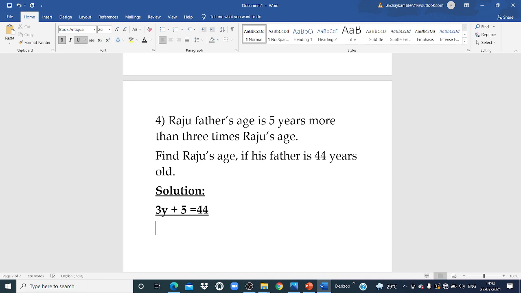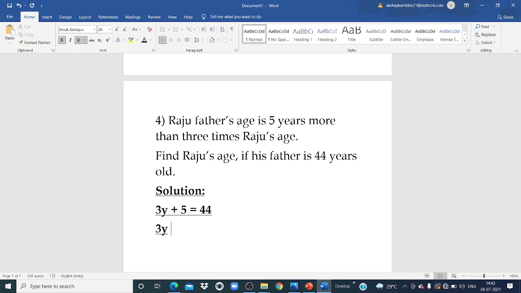Right? So we have to solve this. Understood how to form the equation? Raju's father's age is 5 more, that's why I have written plus 5. 3 times Raju's age. I am considering Raju's age, which I don't know, as y. 3 times, so 3y plus 5 is equal to 44. So now you can solve.